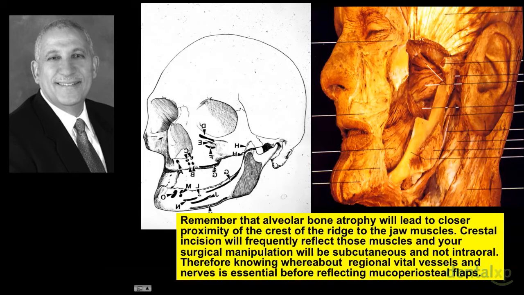So for example, if you make an incision in that patient, you're immediately going to be subcutaneous, because the bone has resorbed and the person has lost the bone attachment, so the buccinator is totally in the cheek. Therefore, with any retromolar pad or ridge incision, you will be subcutaneous. The same would be true in the maxilla. So you have to be very careful because the anatomy is altered in your patients, and you have to know your anatomy really well.